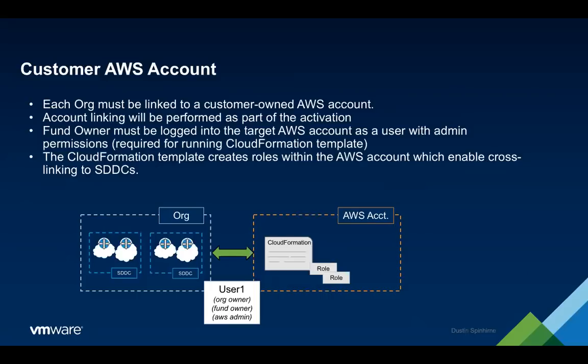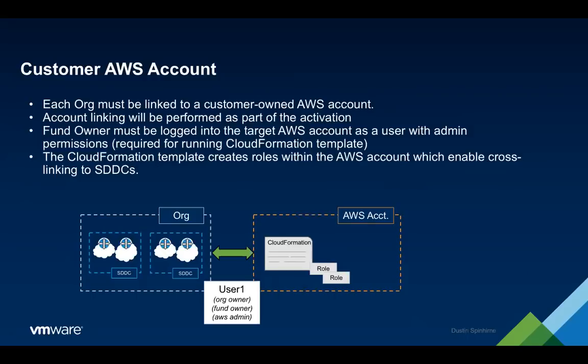As part of the org activation process, we'll hit a step where we ask for the Amazon account information. Once you provide that, we're actually going to run a CloudFormation template within that account that is going to create some additional roles. These roles are in place to allow us to link SDDCs to resources within that account. I'll get into what that means next.